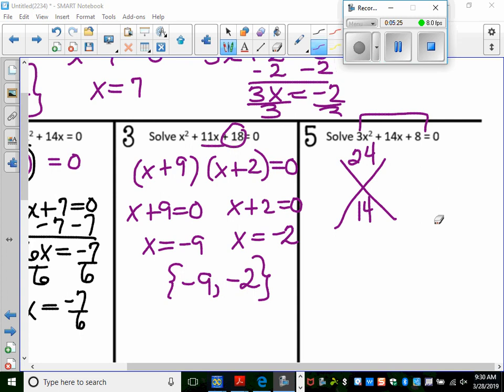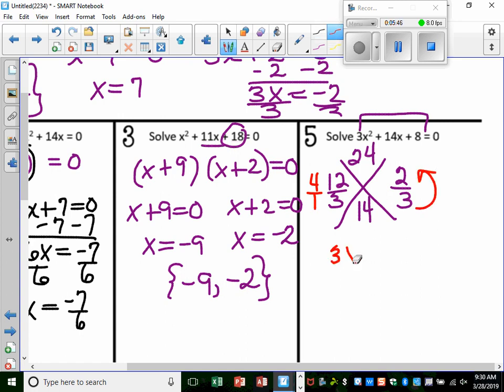So we're going to be using 12 and 2. We're going to divide that by the A term, which is 3. So when I reduce 12 over 3, that's going to give me what? 4 over 1. And then I start from the bottom up. 3x plus 2. And bottom up here, x plus 4.